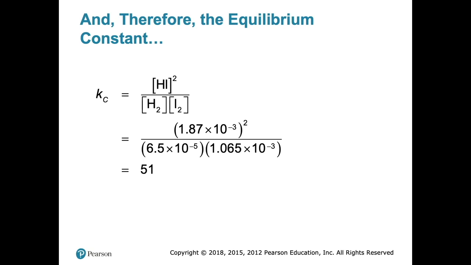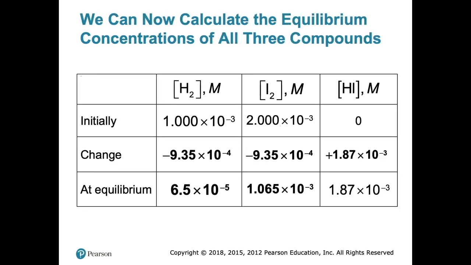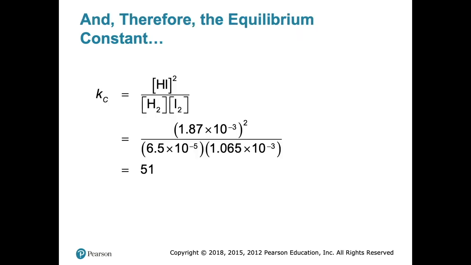That's important. And all we have to do now is plug in the equilibrium numbers that we got at the bottom of the ICE table into this equation. So that's 1.87 times 10 to the negative 3 squared. Don't forget the squared. That's the equilibrium concentration of hydrogen iodide.